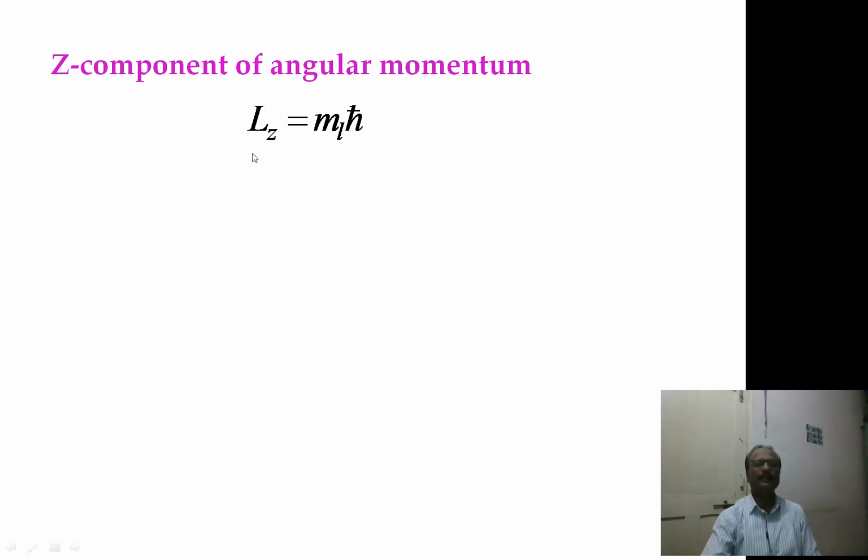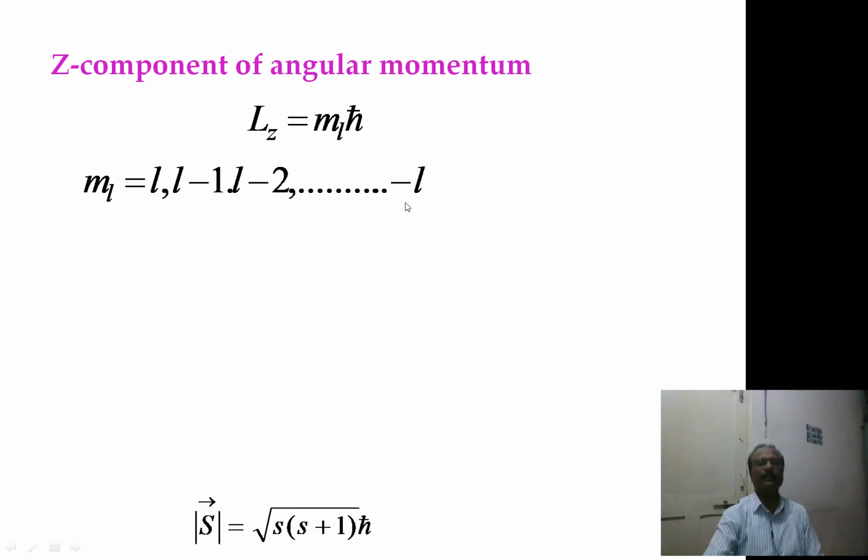Here, the orbital angular momentum vector L has its component along the z axis as Lz, and ml is the magnetic quantum number, multiplied by h cross. This h cross is nothing but h upon 2 pi. So the magnetic quantum number ml can take values L, L minus 1, L minus 2 and so on up to minus L.